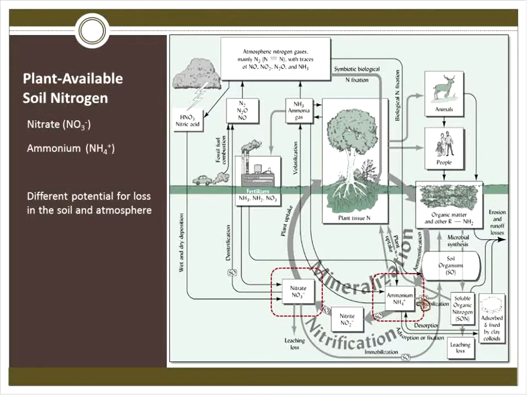Plants can use either nitrate or they can use ammonium. Some plants prefer nitrate, some plants prefer ammonium, some plants don't care at all. But they have different potential loss in the system through different pathways. And we'll talk about some of those losses and those pathways in just a minute.